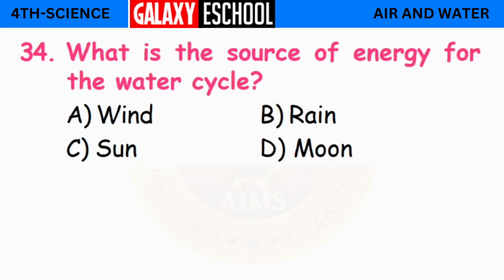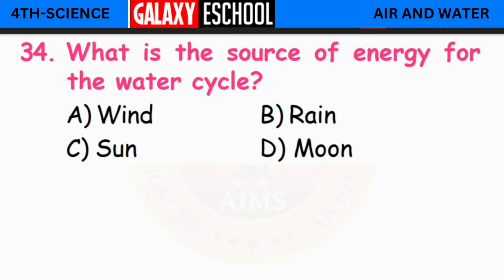Clear, children? And the 34th question is, what is the source of energy for the water cycle? Which is the main source of energy for the water cycle? Either wind, rain, sun, or moon. What will be the answer? Yes, sun.